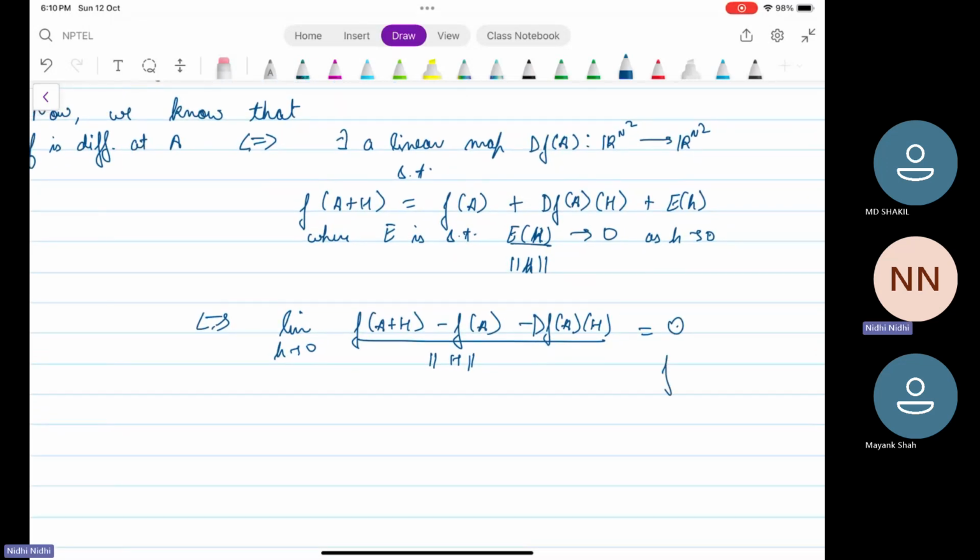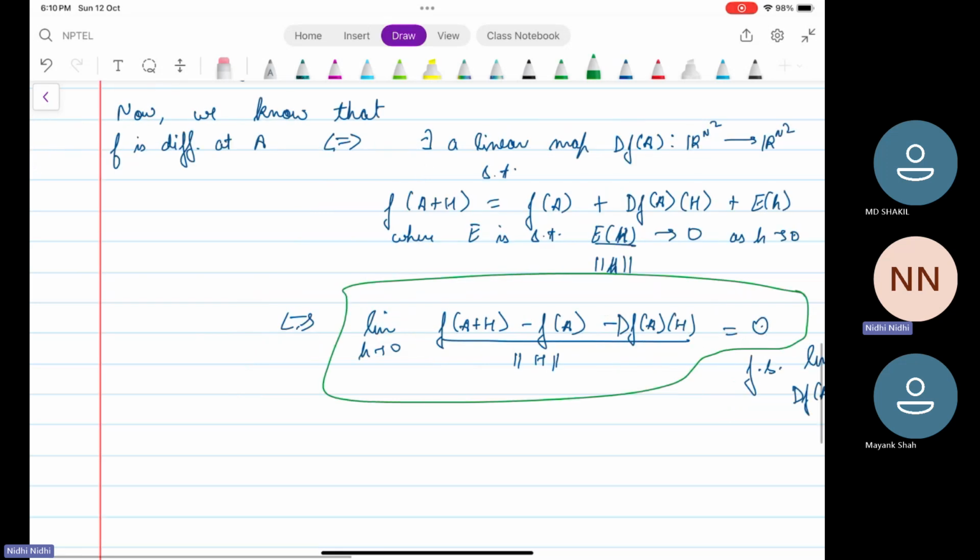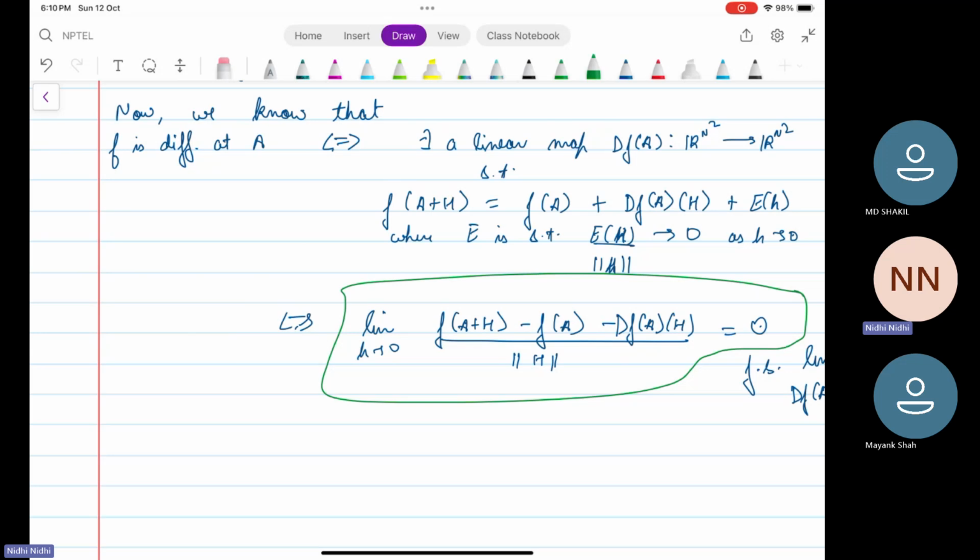For some linear map dfa, all we need to find is a linear map dfa which satisfies this condition. Now this linearity of the function f will come into the picture.